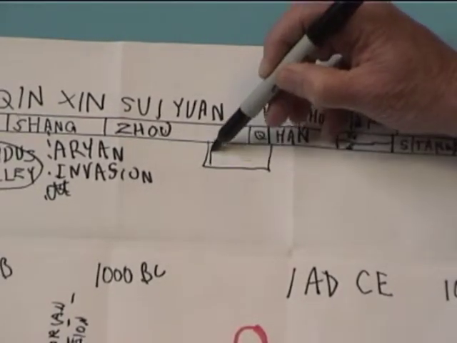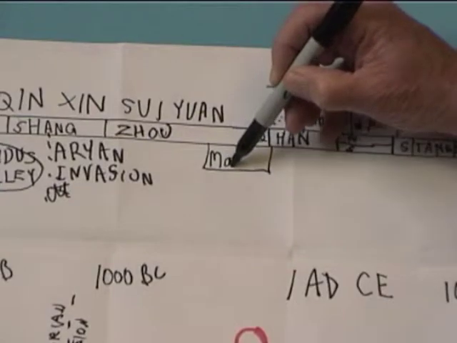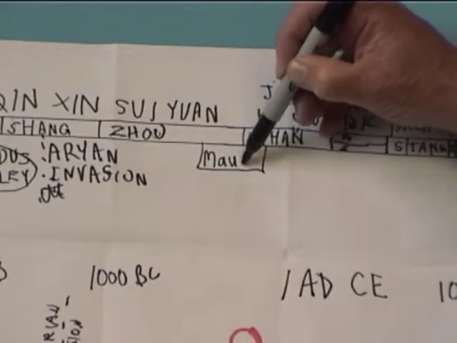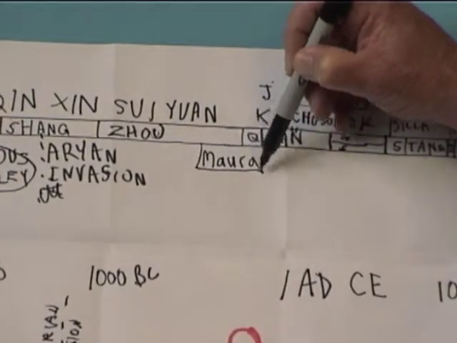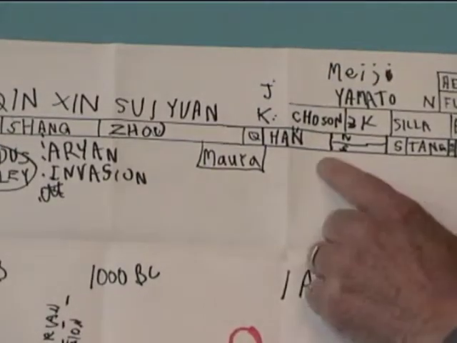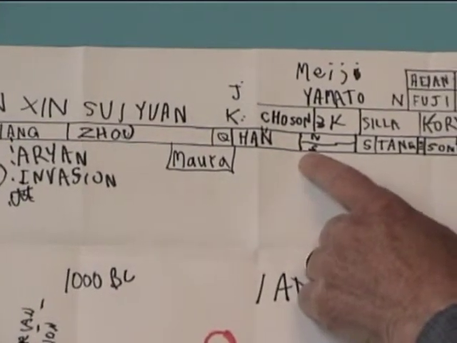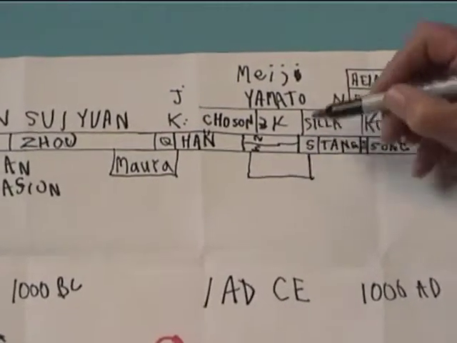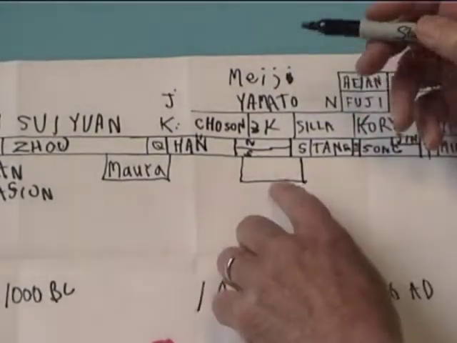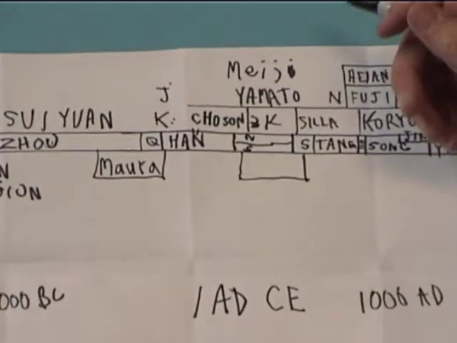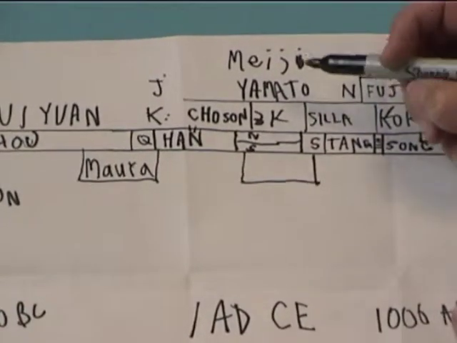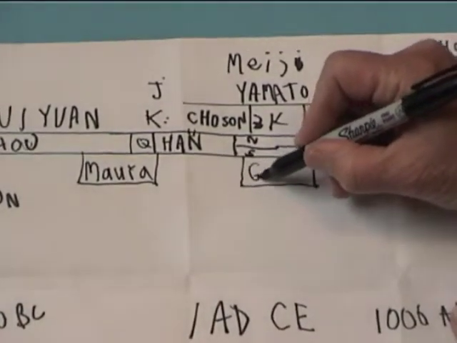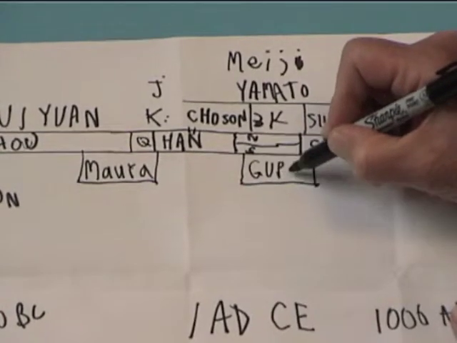The dynasty was called Maurya, M-A-U-R-Y-A. And then again from about the 300s AD to the 500s AD, most of the country was unified. These empires usually were based in the north and then tried to get as much of the south as they could. This was called the Gupta Empire.